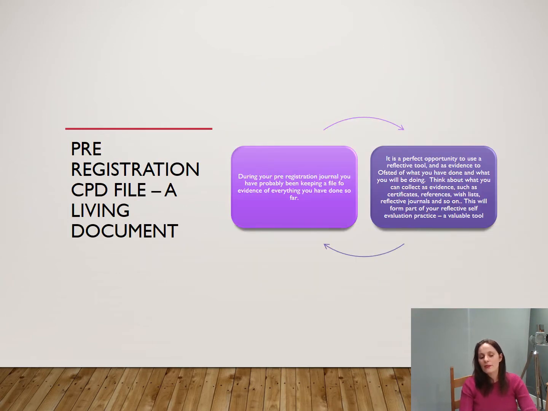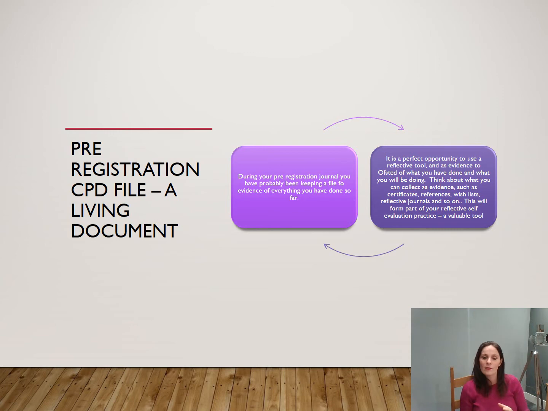Pre-registration CPD file. CPD is continuous professional development. Basically, we advise having a living document, which is a bit like a learning journal. But it's yours. It's a file in which you capture everything that you've been doing from day one until you leave. I'm not just talking about the Ofsted registration process. I just mean until you end up finishing childminding.